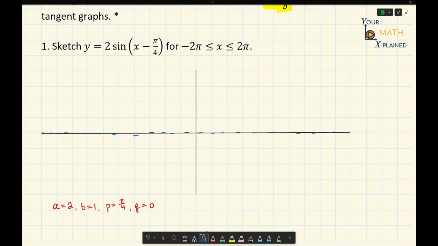So we'll say 2 is right here, and that's going to be our maximum value. And then our minimum value is going to be equal to negative 2. So that'll be down right here. So then we know that this graph is only going to exist between negative 2 and positive 2.